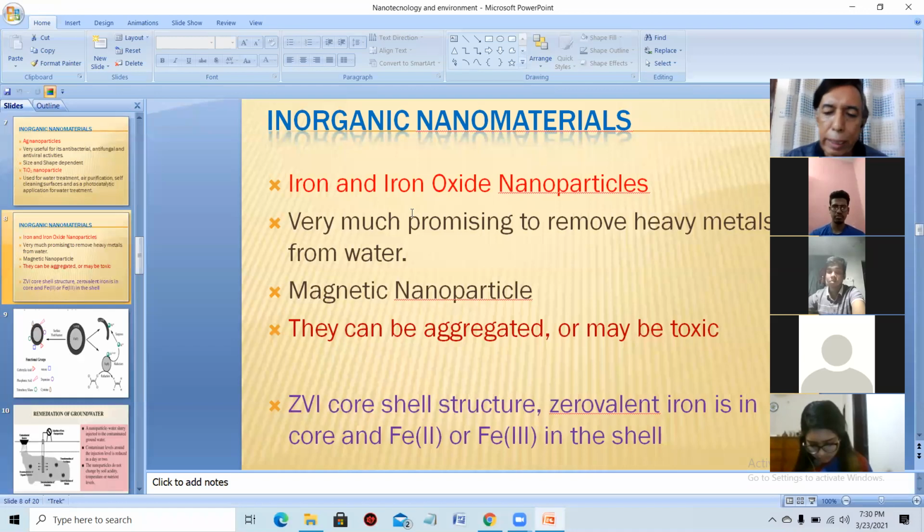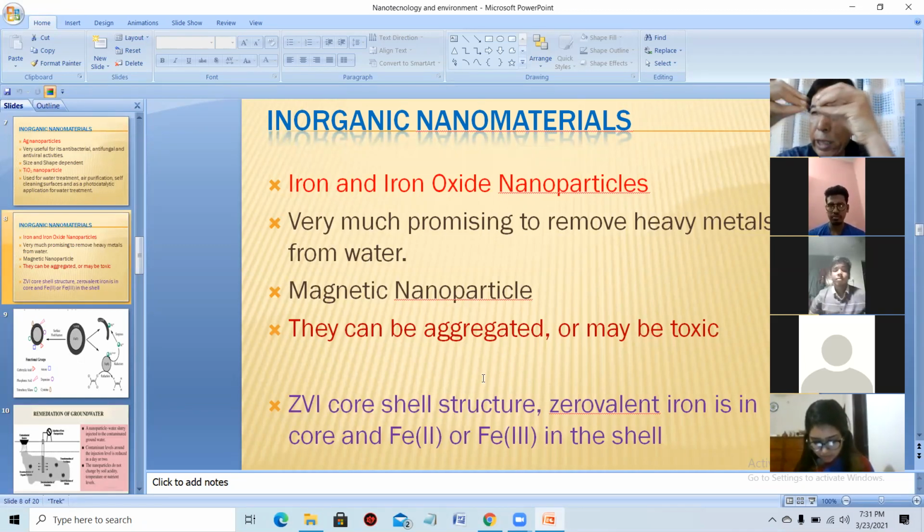Now, this iron nanoparticle has some disadvantages. What is the disadvantage? It can be aggregated. Aggregated means the nanomaterials are attached to each other. That is called aggregation of nanomaterial. Here is one nanomaterial and here is another.